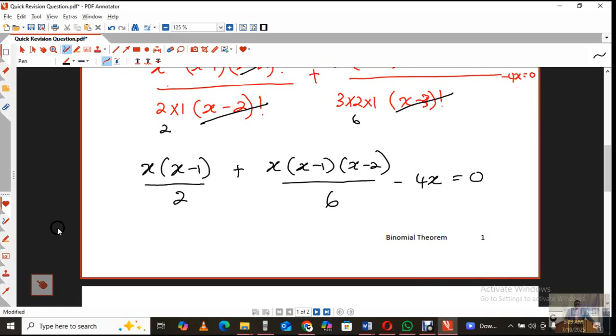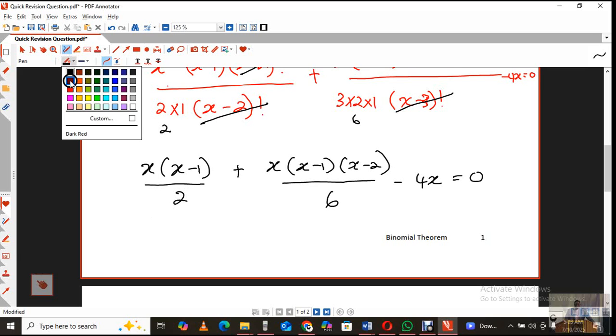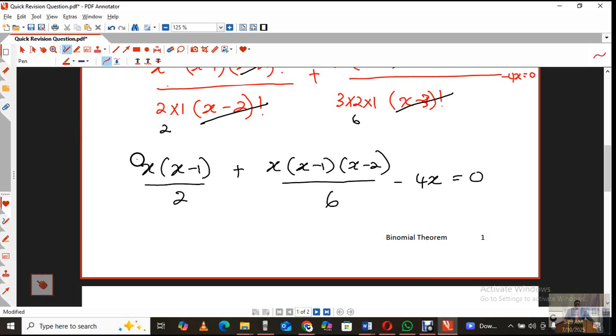So cleaning this up here, obviously you are going to multiply the whole of this term by 6. Okay, so you want to clear the fractions here. If you look at the LCM of 2 and 6, this number is over 1, so the LCM is going to be 6.